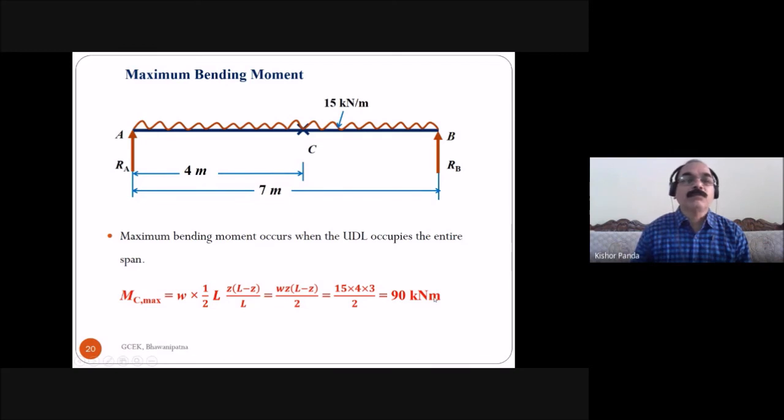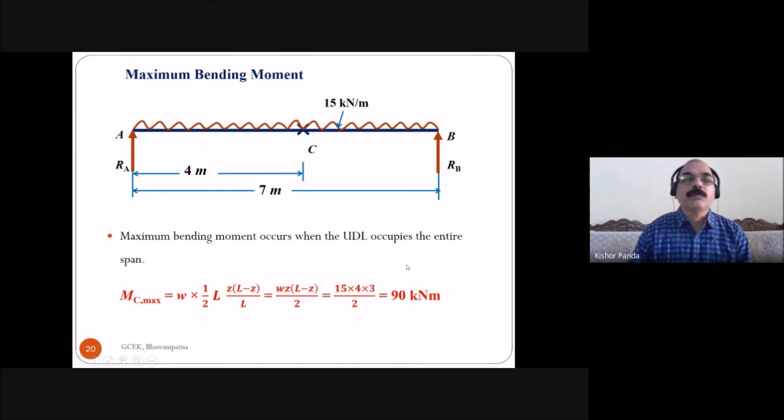This is the maximum bending moment that you will get when the UDL is present for the entire span AB. In that case you will get the maximum bending moment at section C, which is equal to 90 kilonewton meter.